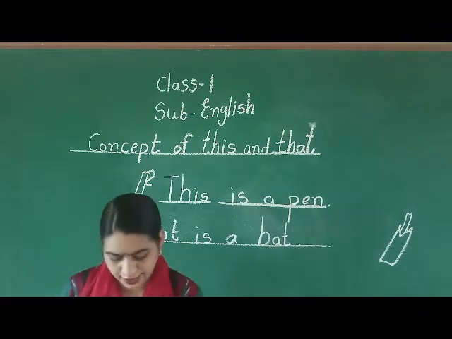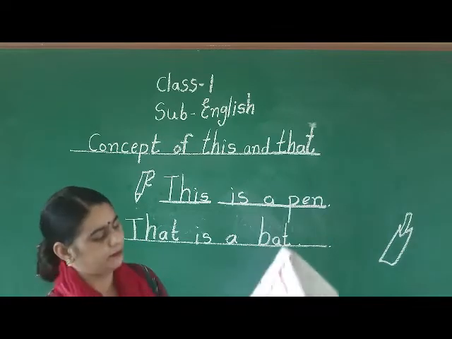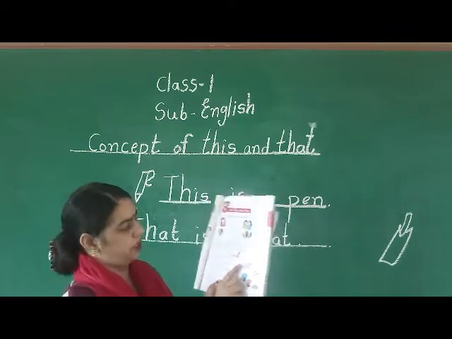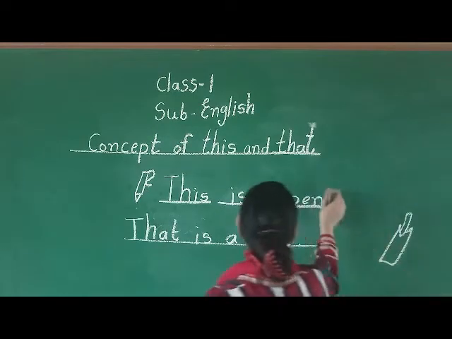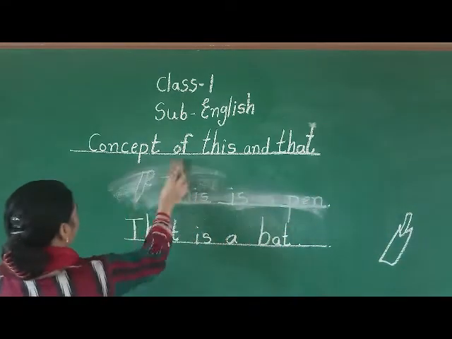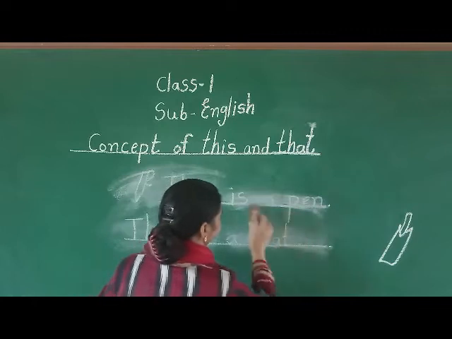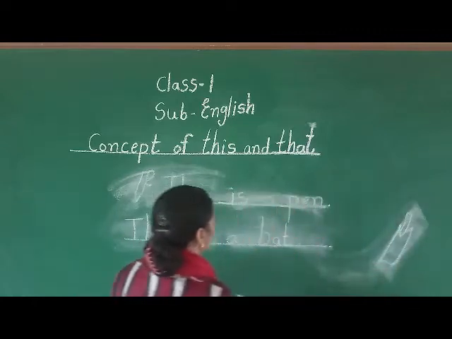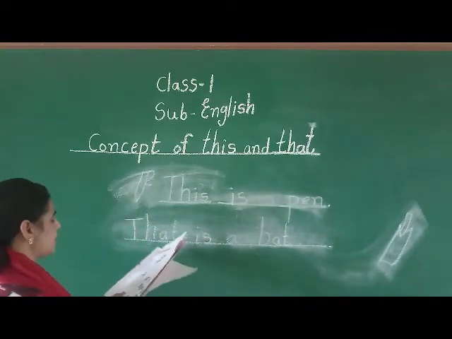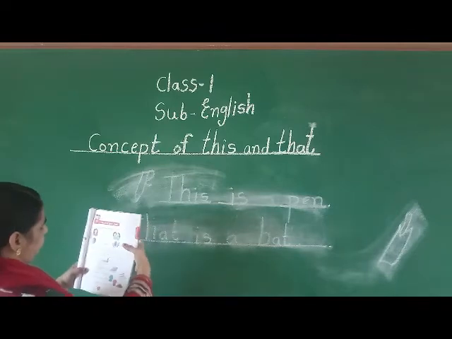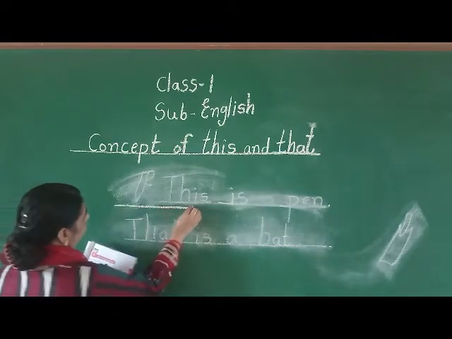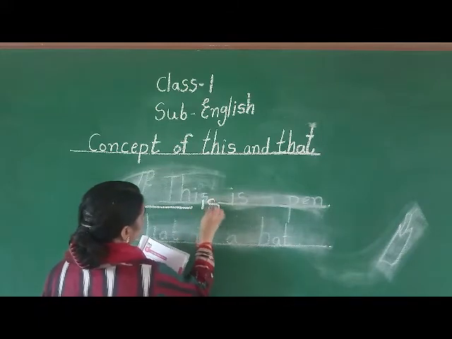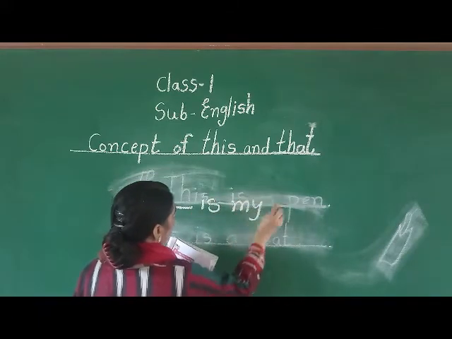See, there is an exercise in your book. Fill in the blanks with the correct words. This you have to do in your book itself. Now look here. Number 1, dash is my book.